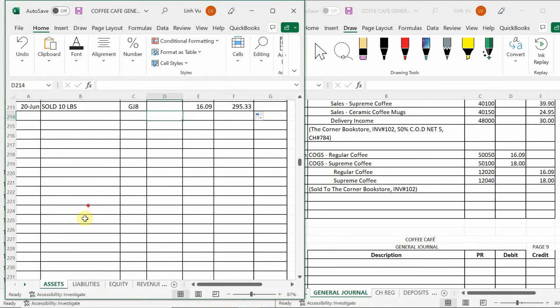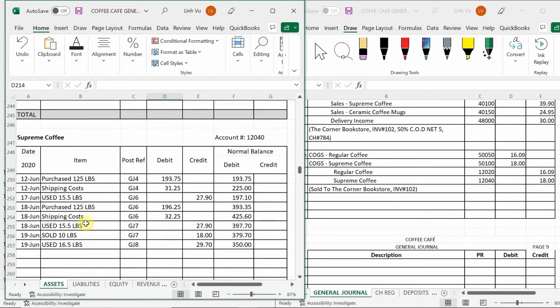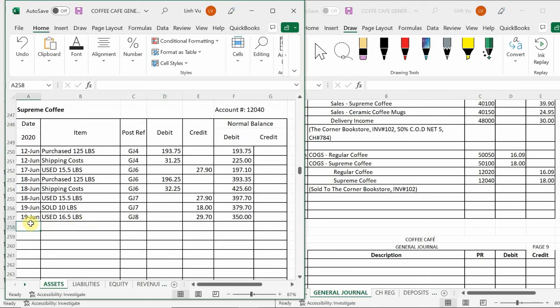Okay, last one, do the Supreme Coffee. That was $18.